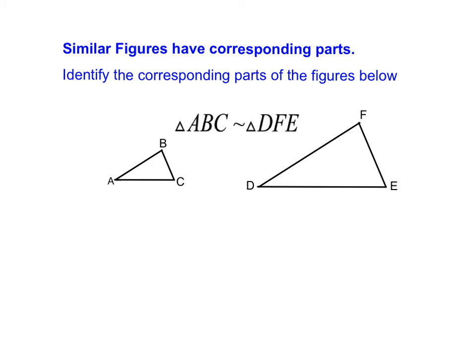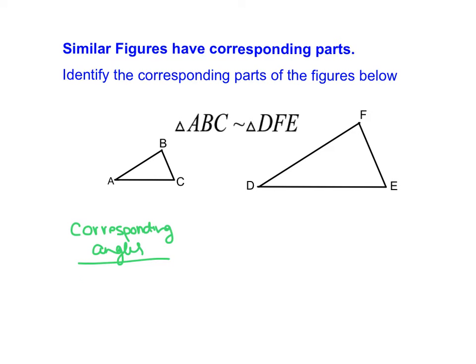Now, what's really cool about the similarity statement is if we have a similarity statement for a set of triangles, we can actually identify all of their corresponding parts. And in a triangle, we can have corresponding angles. So these are the angles that go together, which I think will be the easy part. So we have corresponding angles, and we kind of discussed this on the previous page.